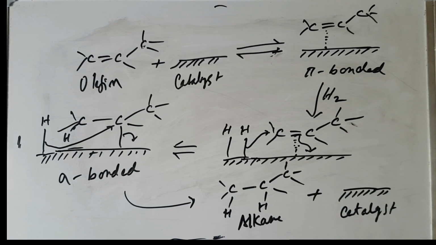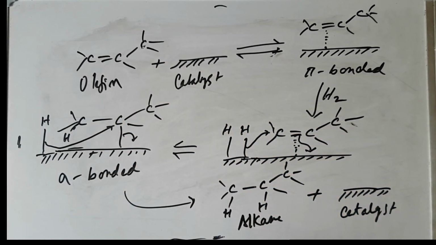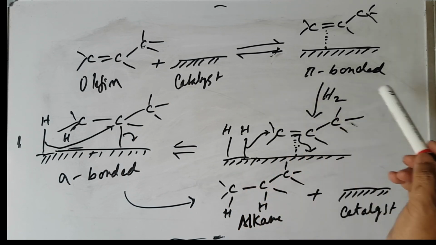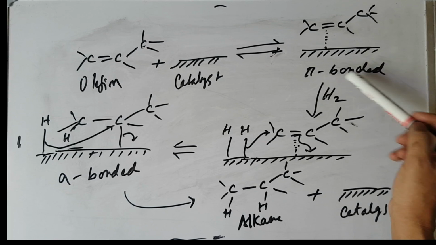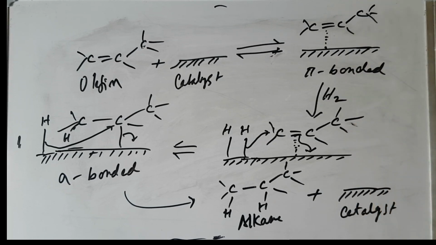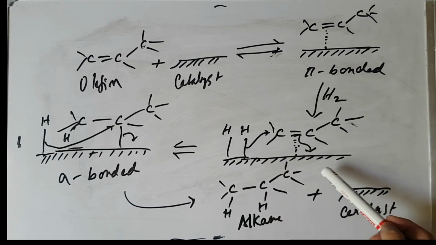So I'm repeating again. When olefinic compounds are hydrogenated, the mechanism is that the organic substrate is absorbed on the surface of the catalyst in the first step, to give a pi bonded intermediate structure. Simultaneously or stepwise, hydrogen can also be absorbed on the surface of the catalyst like this.